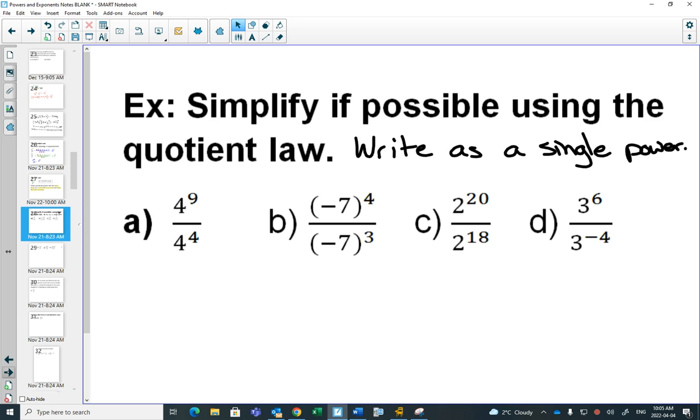And that means you want to simplify it and see how many are left. So for example, this first question is not a single power because we have a power on the top and a power on the bottom. But because they'll cancel out, you'd be left with how many 4s? 5 of them. This is a single power.